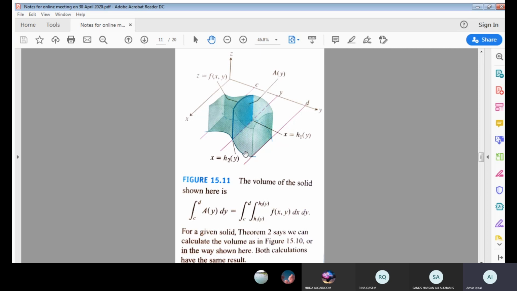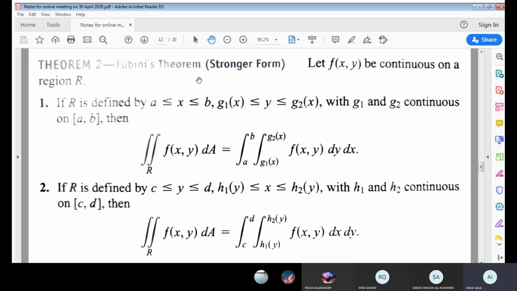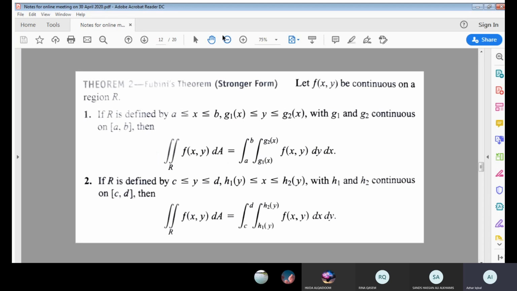It depends on whether the boundaries are defined by x = h2(y) and x = h1(y), or by the other functions in which y is dependent on the independent variable x. Those will be different situations. So let's look at the particular cases.